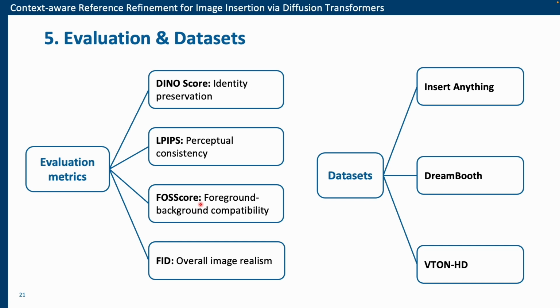And third, FOS score measures the foreground and background compatibility, and finally FID is used to evaluate the overall system and the quality of the generated images. And for this study, we use three datasets from Insert Anything, VTON, and HG for training and evaluation.